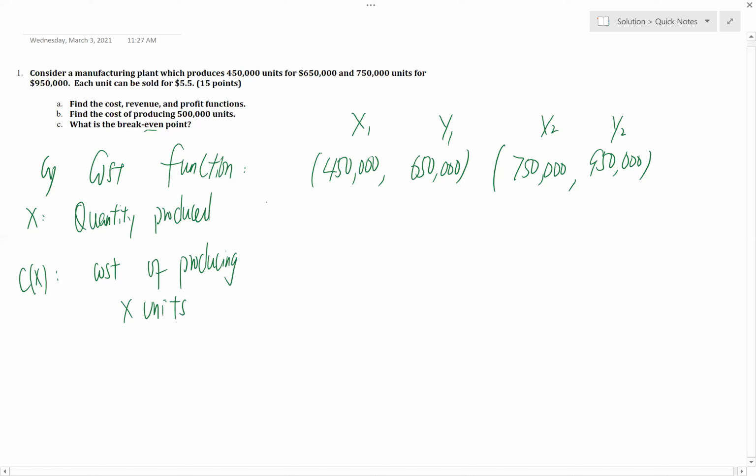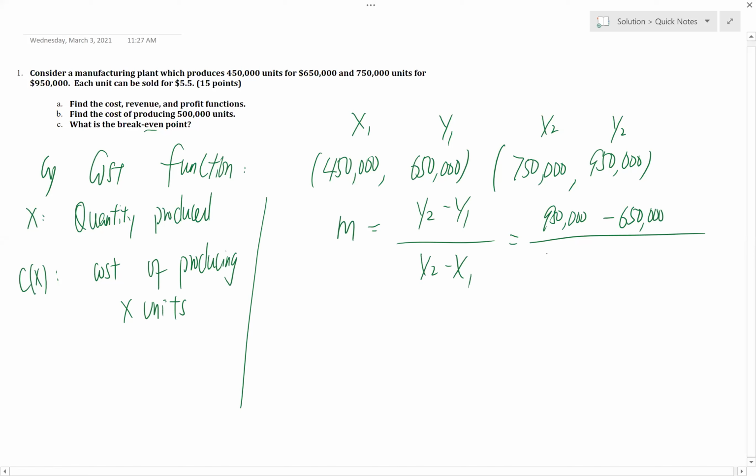So first of all, let's find the slope for this cost function. y2 minus y1 divided by x2 minus x1. Plug in numbers: 950,000 minus 650,000 divided by 750,000 minus 450,000.